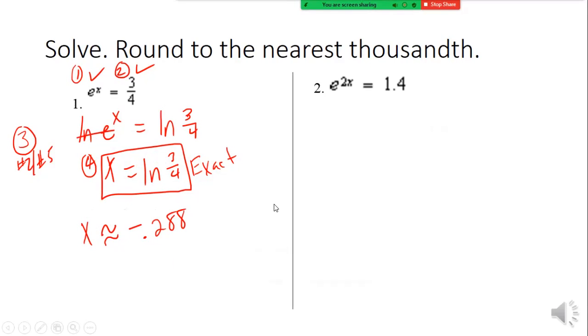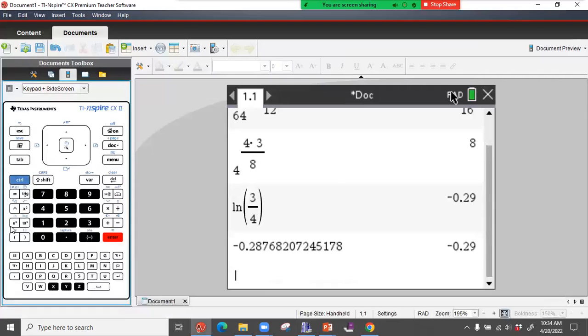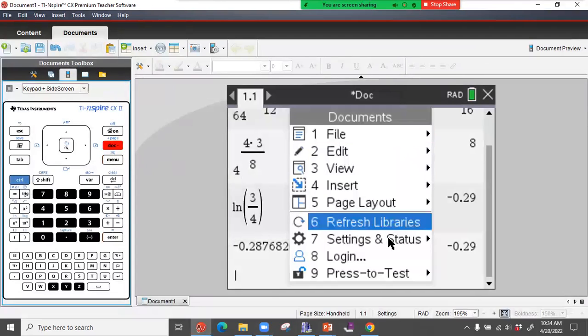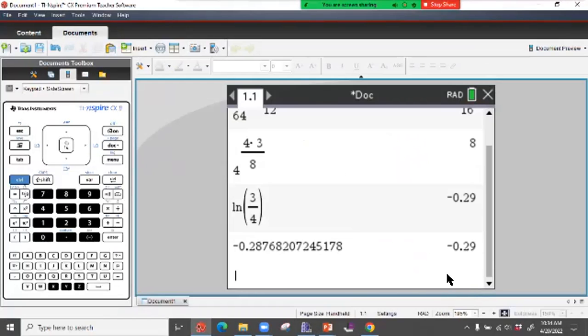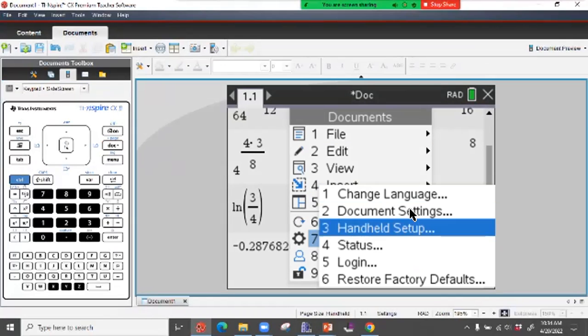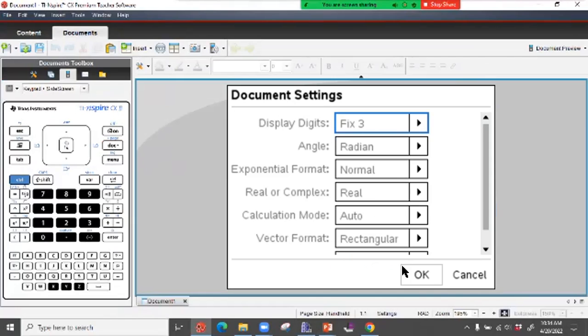On the handheld, you're going to hit Control. Yeah, we do got our calculator back. You hit Control e to the x. I'm going to quickly change my settings. It's on fixed 2 instead of fixed 3.